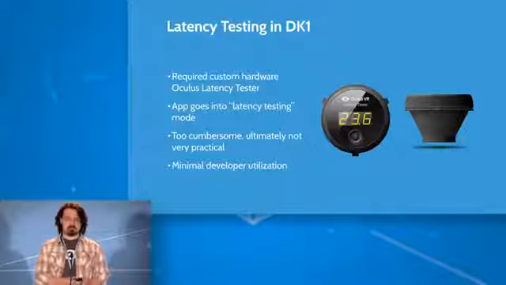It was basically not usable, and you had to wait for the results to come back, and that was it. Ultimately, that was too cumbersome. Very few people utilized it, which meant there was minimal developer utilization. That wasn't too surprising.